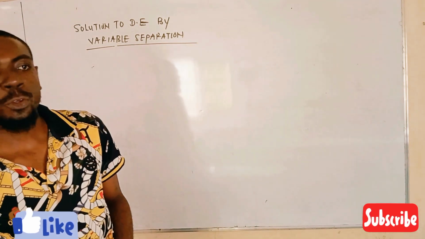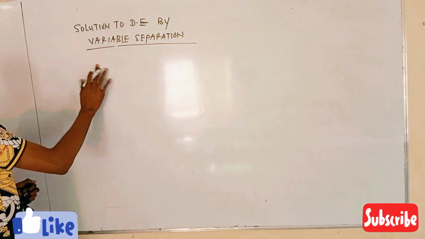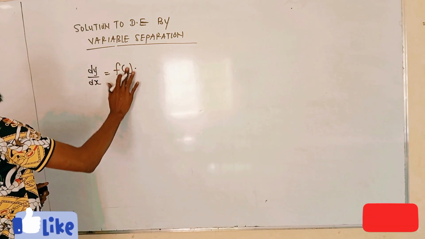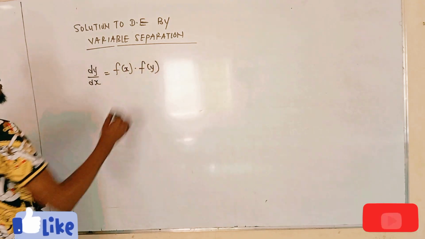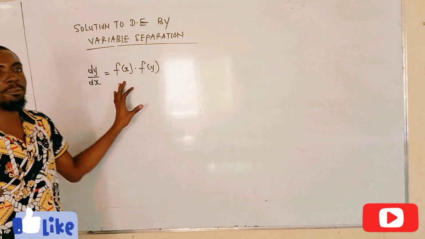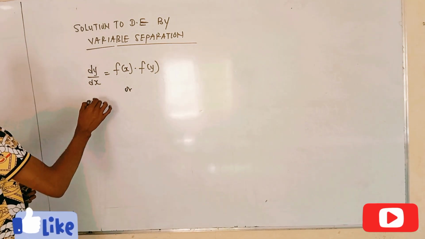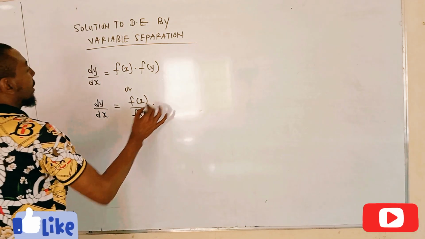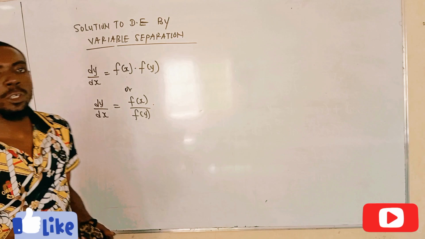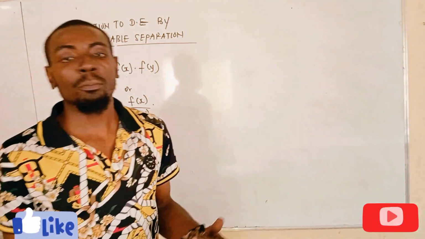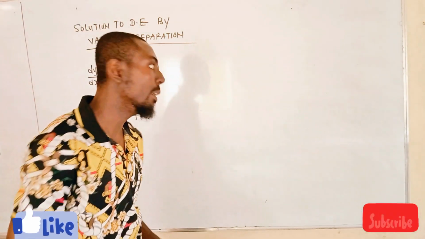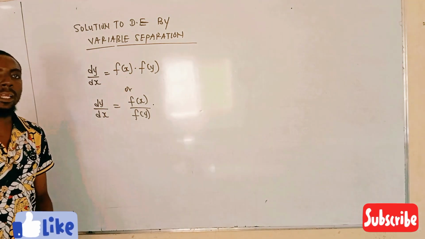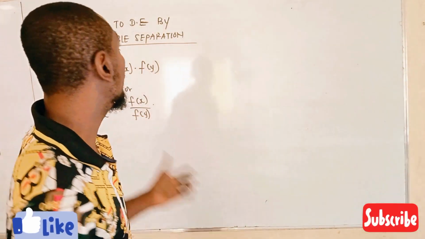Today we have solution to differential equation by variable separation. For an equation to be solved by variable separation, dy/dx must be equal to f(x) times f(y), or dy/dx equals f(x) over f(y). If all functions of x can be separated from all functions of y in this form, if it is possible for you to rearrange the given equation to be in this format or this format, then you are good to go by variable separation.